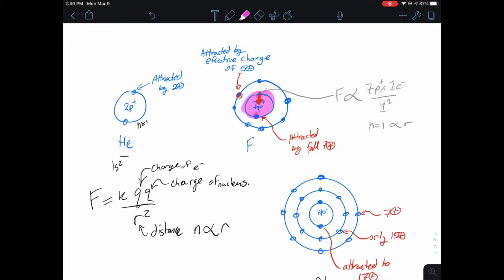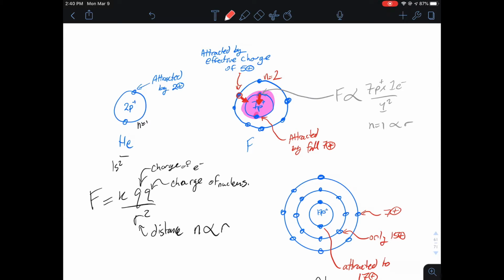It sees all of this as one thing. It doesn't see it as a separate nucleus and a separate electron cloud. All this electron sees in the second shell, in this n equals 2 shell, looking inwards, is an attraction to this general center charge.